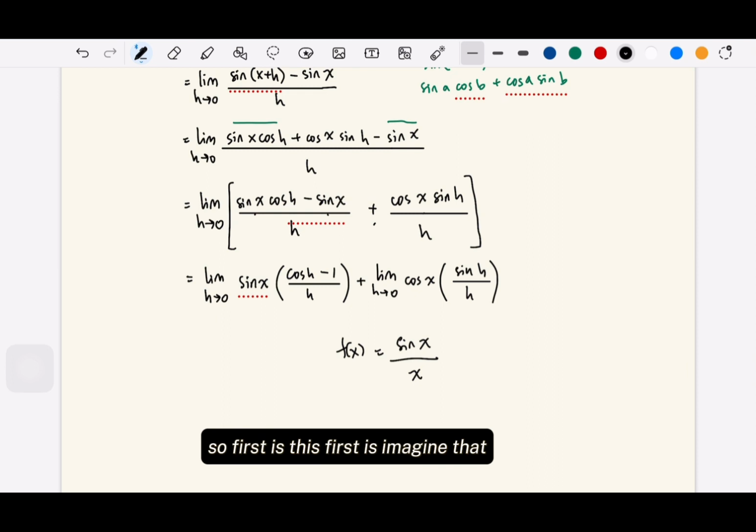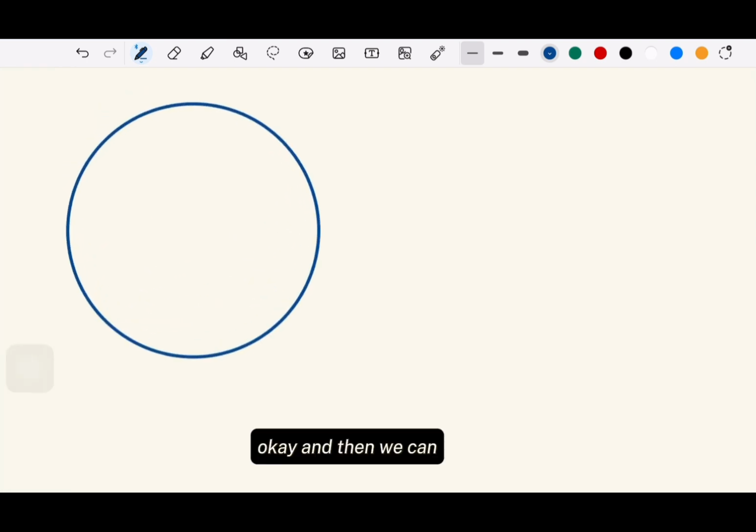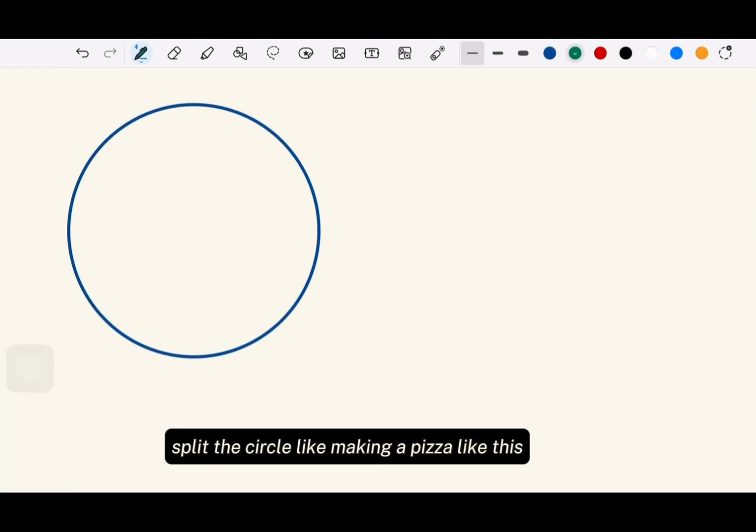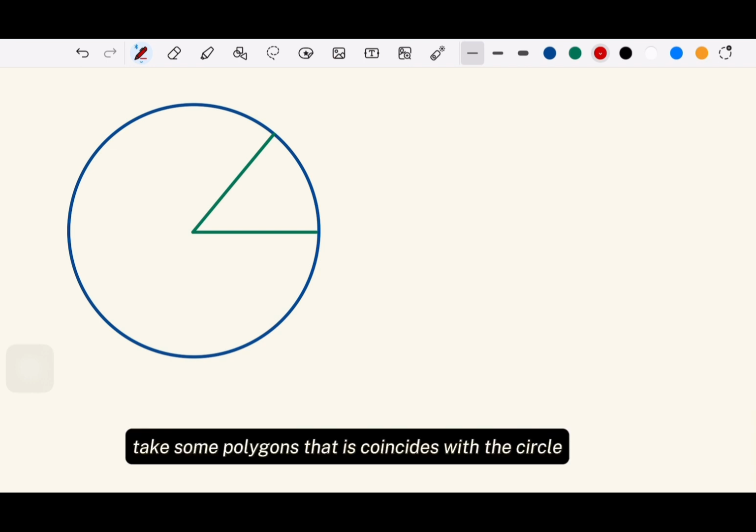So first, imagine that we have a circle. And then we can split the circle like making a slice of pizza. We could also take some polygons that coincide with the circle.